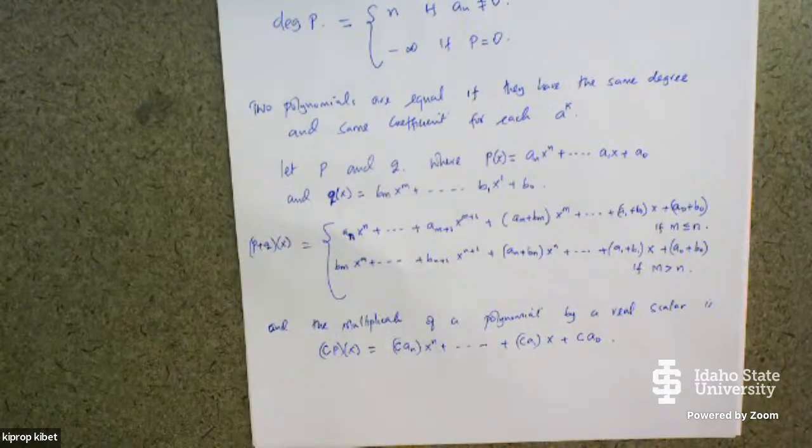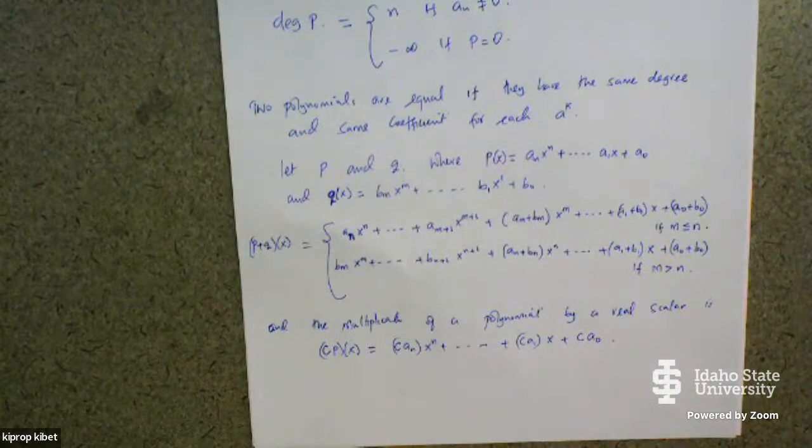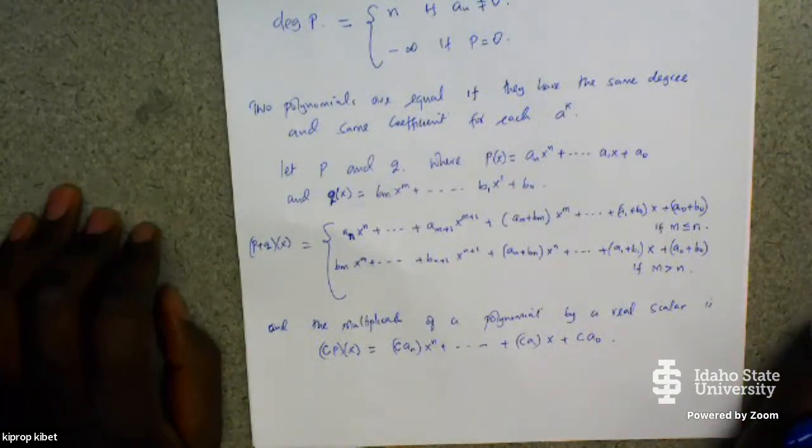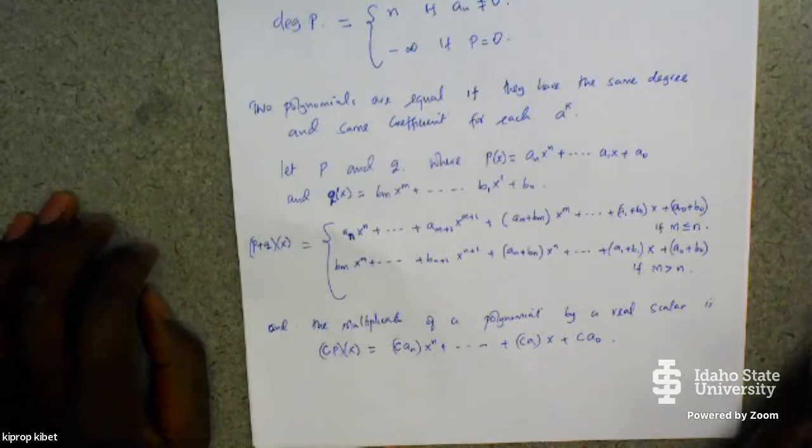So you can also multiply by a real constant. Okay, so that is the polynomial.